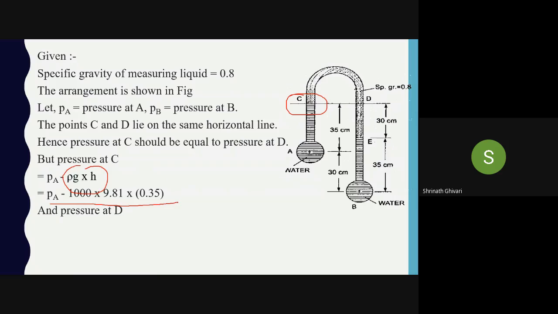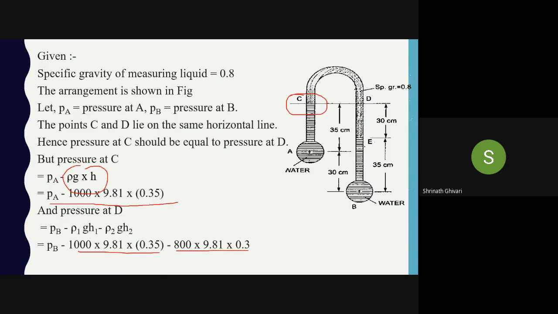PB minus 800 into 9.81 into 0.3, minus 1000 into 9.81 into 0.35. Check, we'll see whether it is correct or not. PB minus rho 1 g h1 minus rho 2 g h2. So PB minus 1000 into 9.81 into 0.35 and 800 into 9.81 into 0.3.